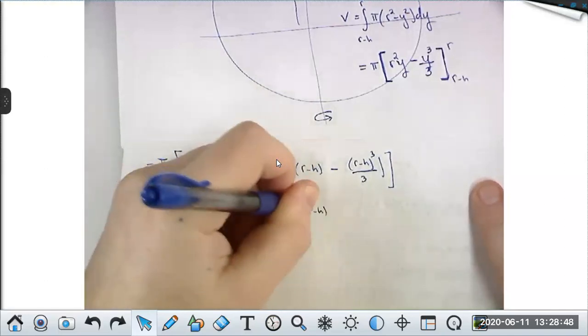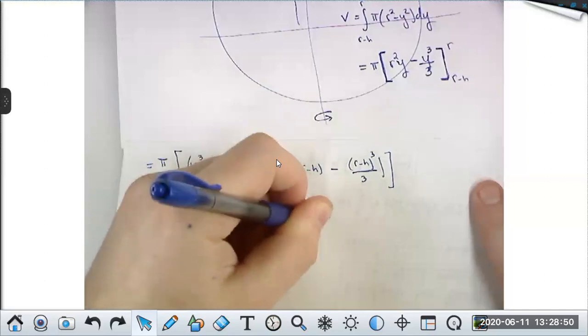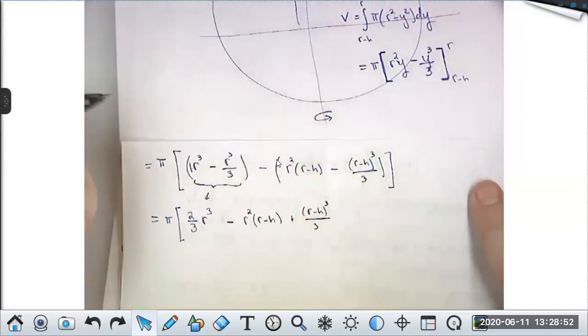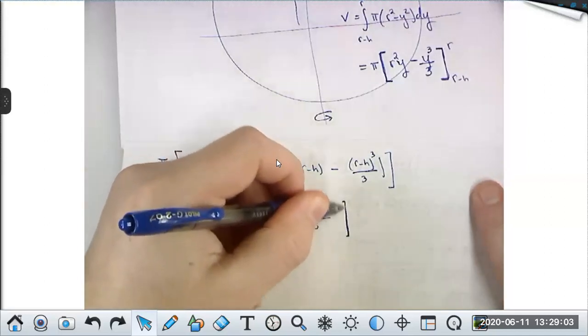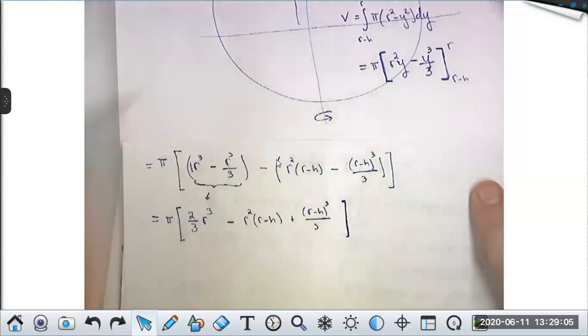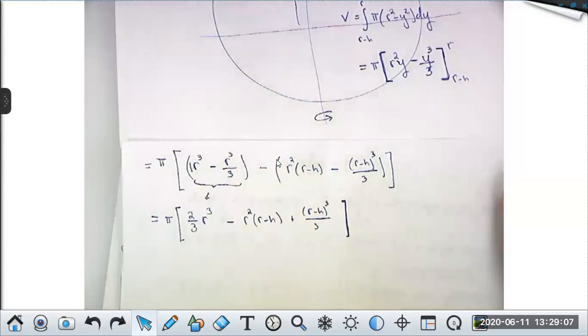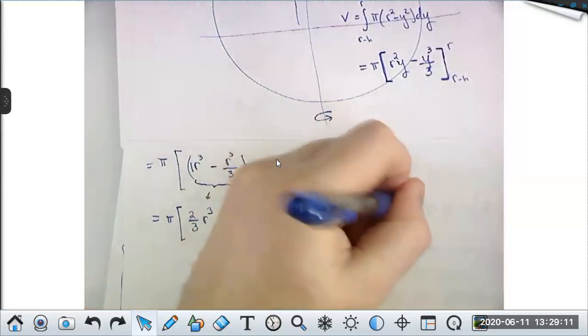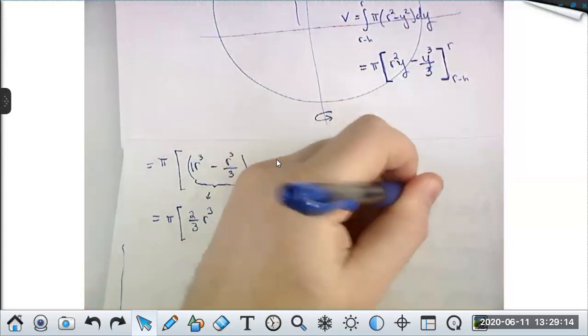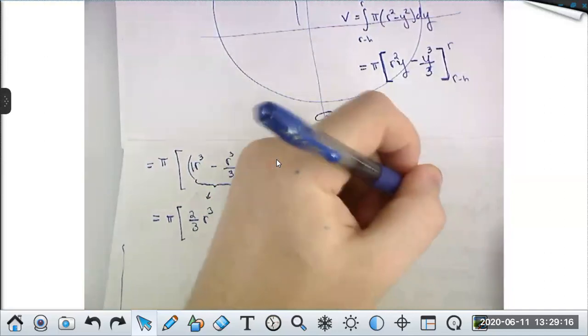Then you're going to have, oh boy, I don't know that one in my head. If you were to multiply out r minus h cubed, what would that be? Does it matter? It would be nice to play with it, but this is from the binomial theorem.